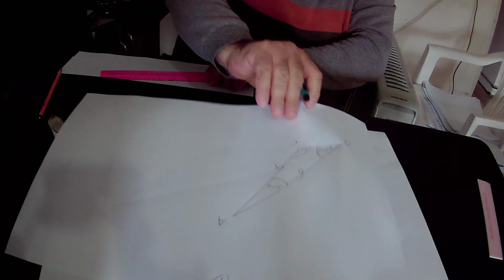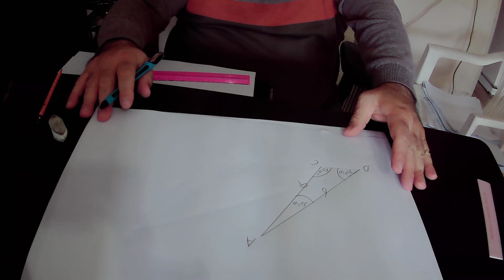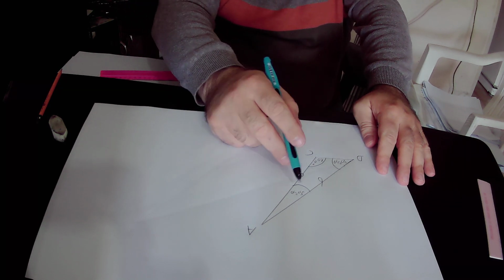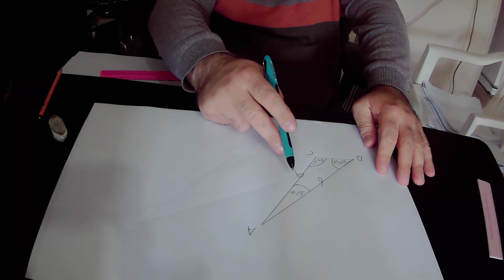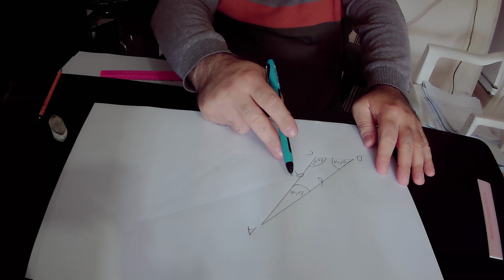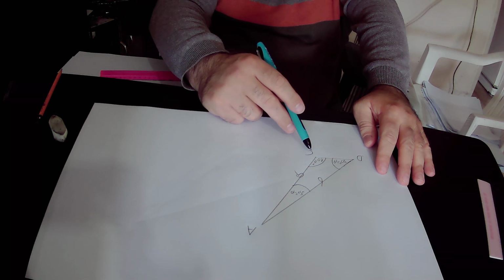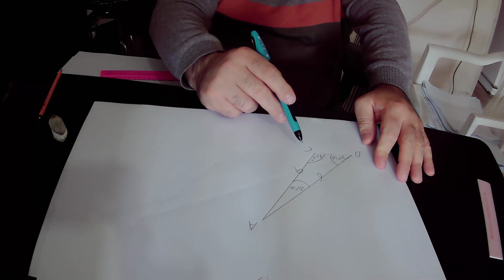So this is triangle ADC that I copied from the original drawing. AC equals A units, AD equals B units. Angle CAD equals 50 degrees minus theta. Angle ADC equals 50 degrees plus theta. And this angle ACD equals 100 degrees. It is given in the question.